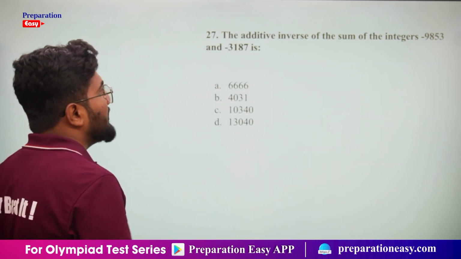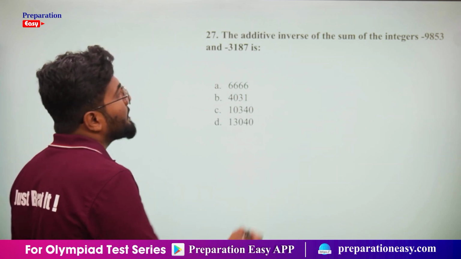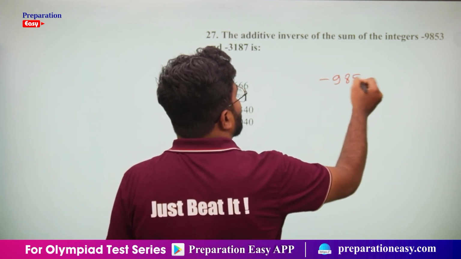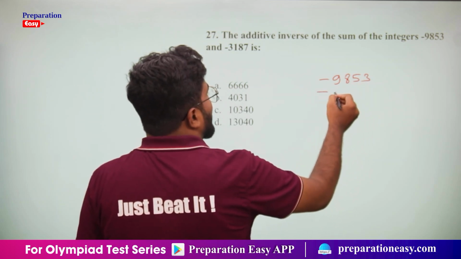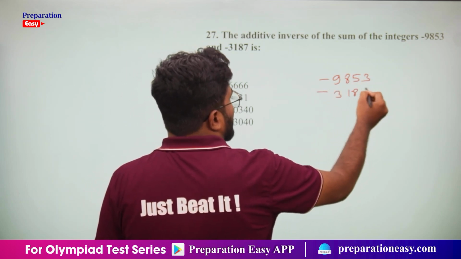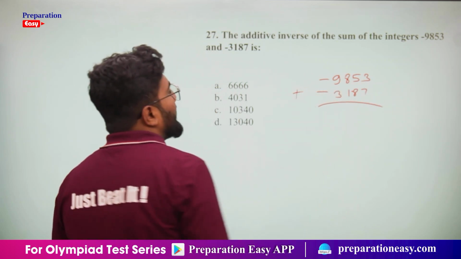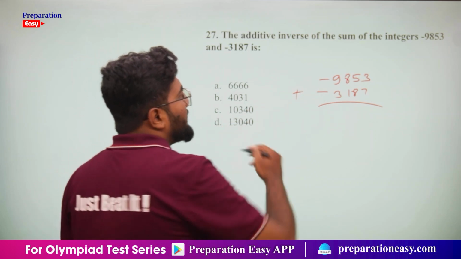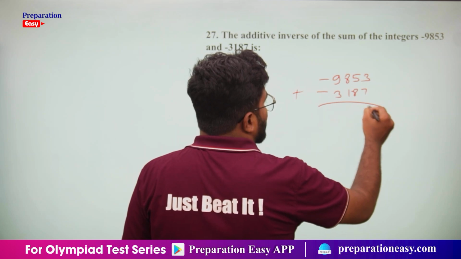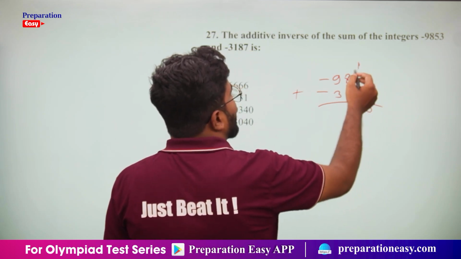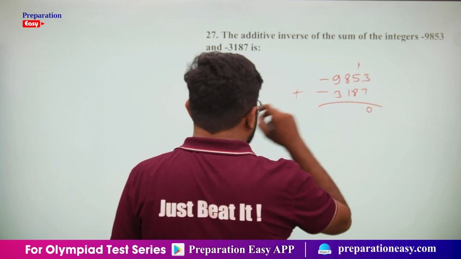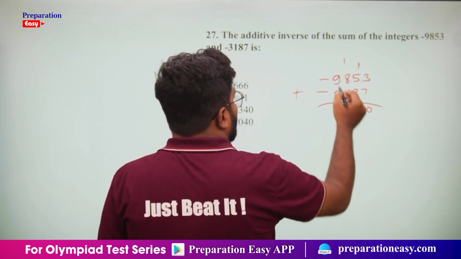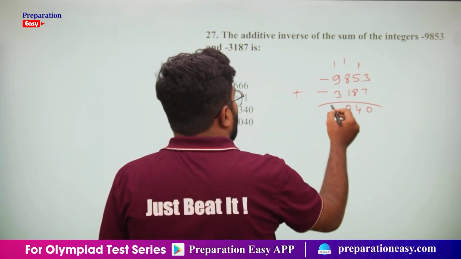So the numbers are minus 9853 and minus 3187. We have to add, but the signs are both negative, so we will directly add it. 7 plus 3, 10, 0, carry 1, 8 plus 1, 9, 9 plus 5, 14, 4, carry 1, 0, carry 1 and 13.